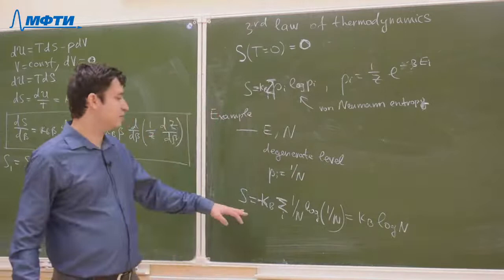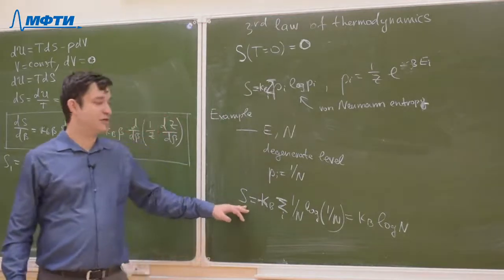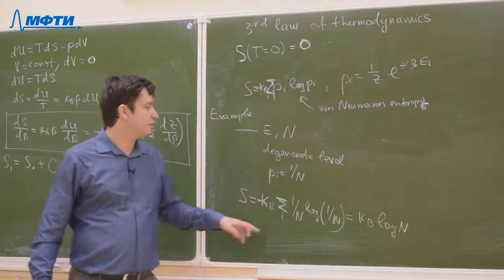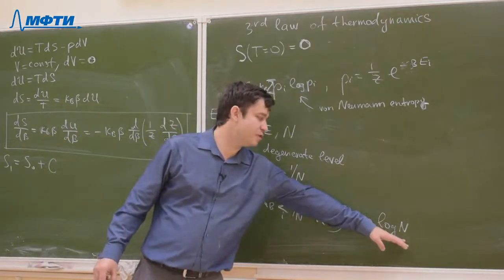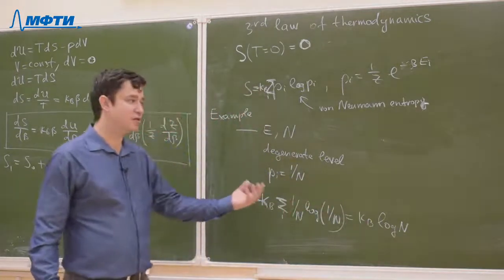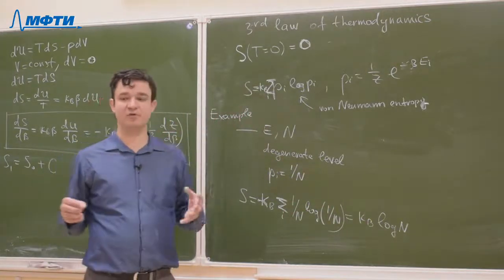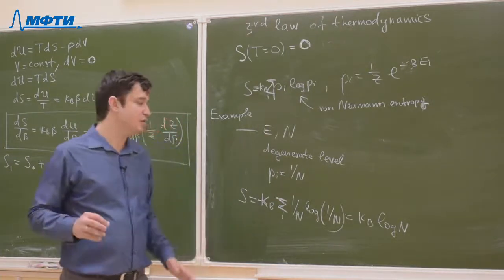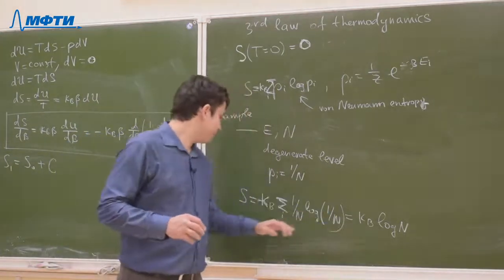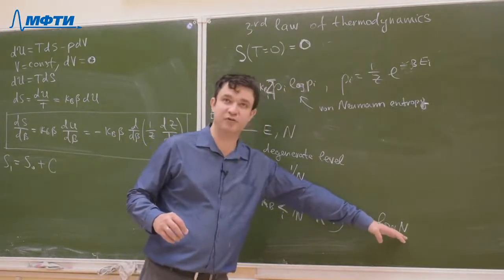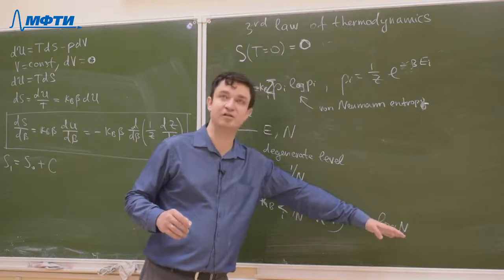So you can see that entropy is a quantity which quantifies the number of different realizations of the same state. If you have n possible ways to realize a certain macroscopic state, then the entropy will be proportional to the logarithm of this number of possible realizations of this state.